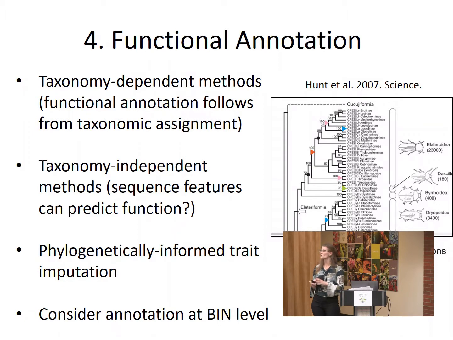So I think, at least for high-level functional traits, that some of these approaches may be very beneficial in terms of helping with functional annotation. And if the methods that turn out to be the most successful are more computationally expensive than we might want, we could consider a system of annotation at the bin level, for example, and of course that would need some likelihood or probability values around it.